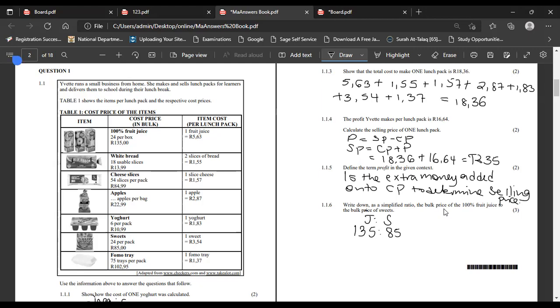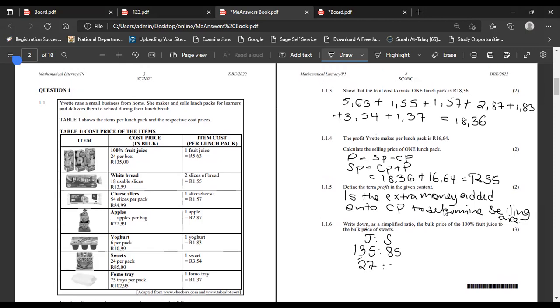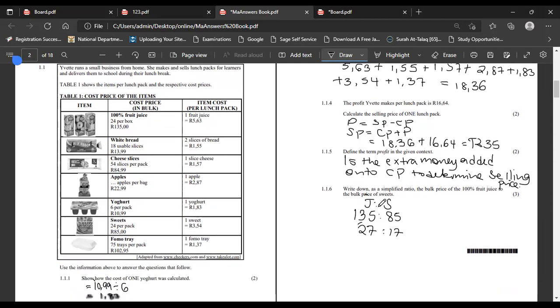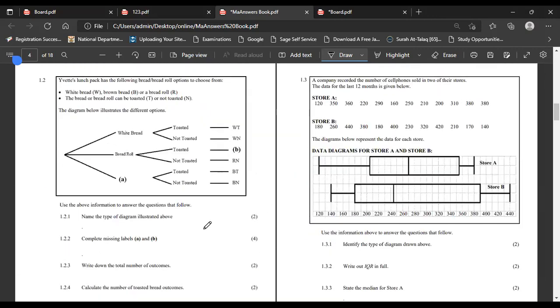The easiest way to do it is to take the 135 rands divided by 85 rands. You end up having a fraction form, which is 27, then the smaller part will be what? 10. Together.